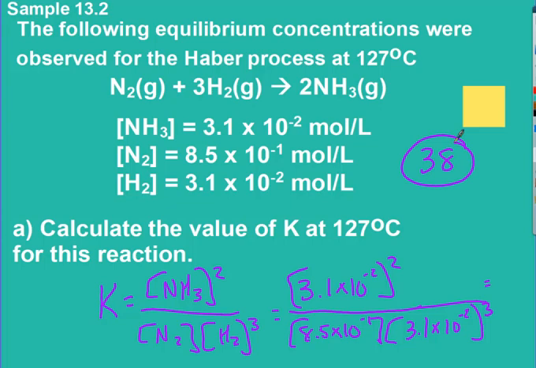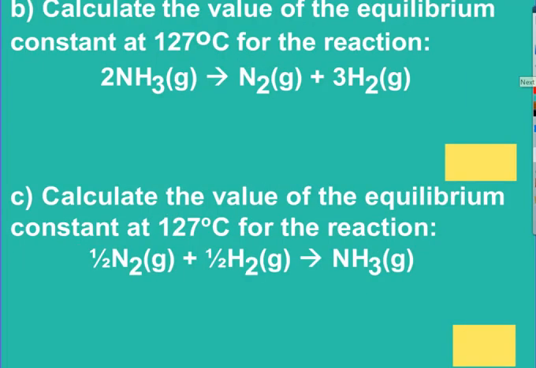So looking at this equation and looking at this next one, they reversed the equation. So remember that if it's reversed, we're going to do 1 over K. Well, our K was 38, so 1 over 38 is equal to 0.026.